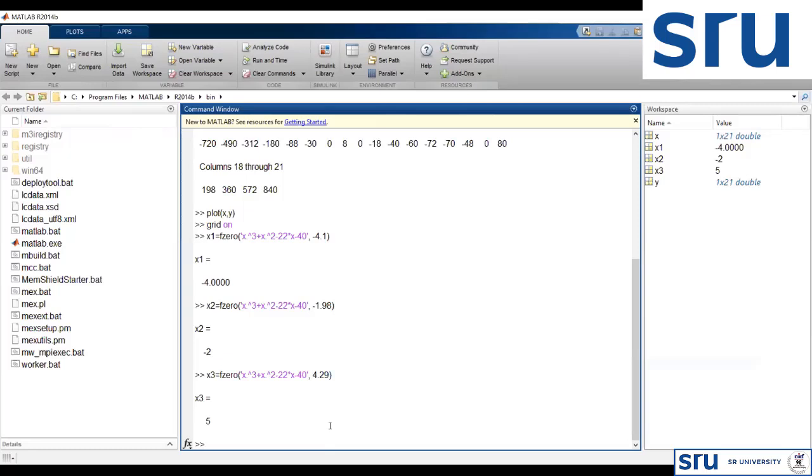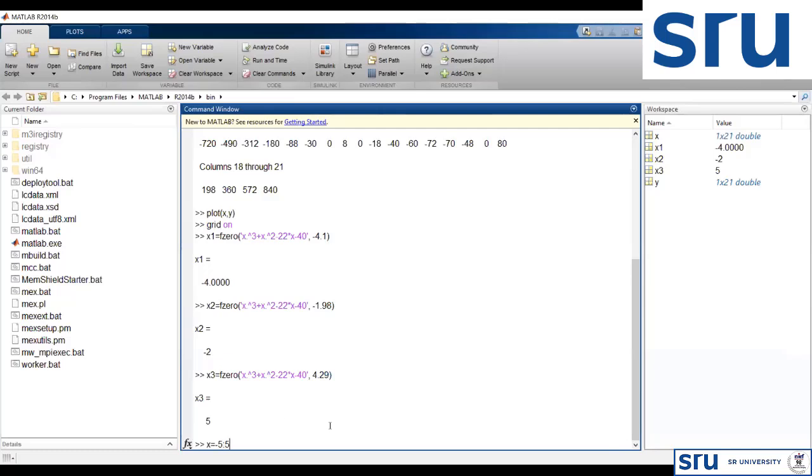First you have to plot the graph. Then the limit is given, so you have to write the x limit. Here the limit, you can take minus 5 to 5 or some other. Suppose I am taking minus 5 to 5.